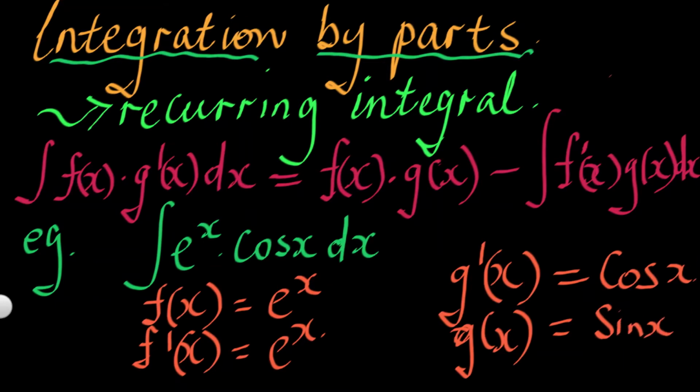Once I have f of x, f prime of x, g prime of x, and g of x, all I need to do is to substitute into my formula. So that is the next step. Let us substitute into the formula for integration by parts. I'll rewrite the formula, and then I'll substitute.